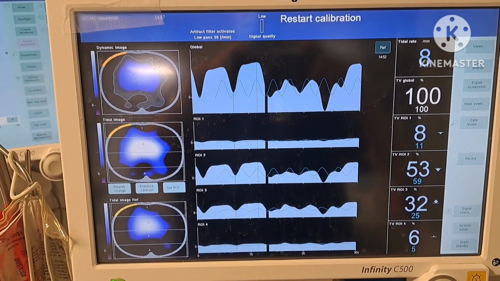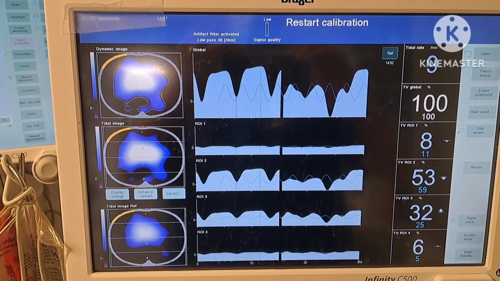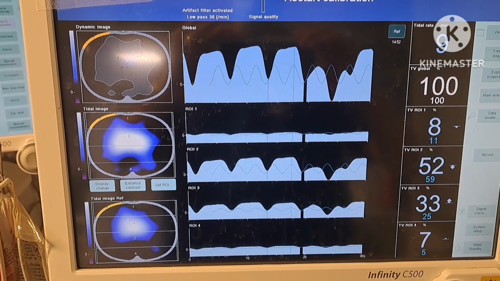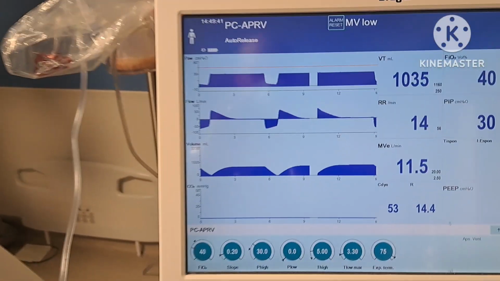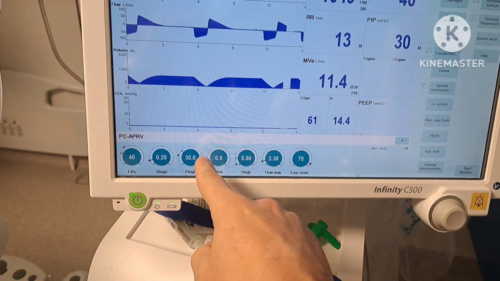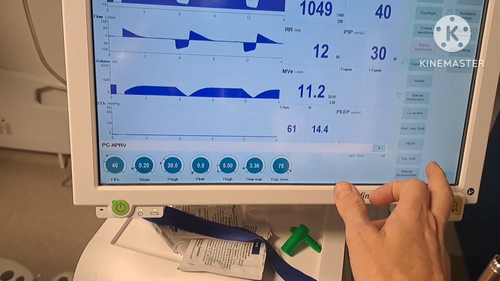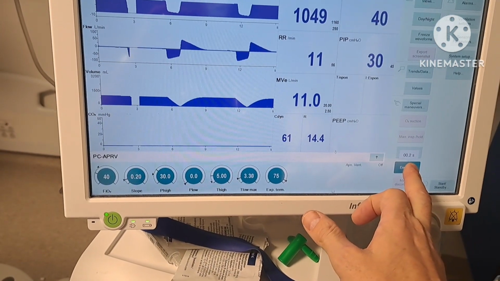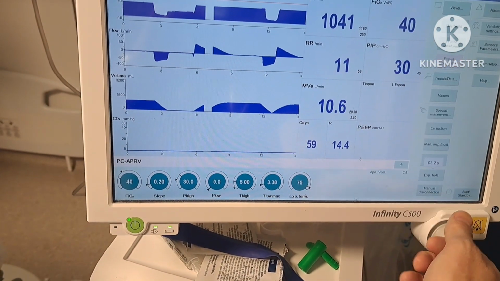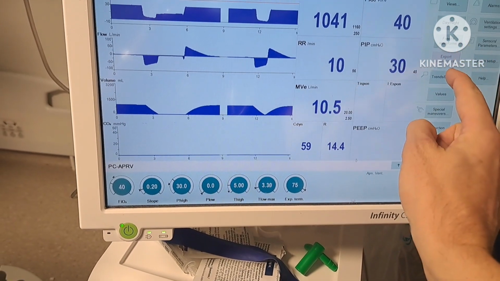All right, it's been another minute or two. Kept on titrating it right up to 30. So we're extending right now the P high to 30. The release, expiratory termination. Freeze frame.